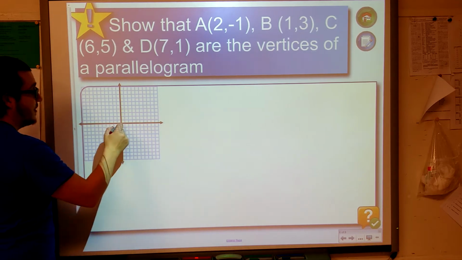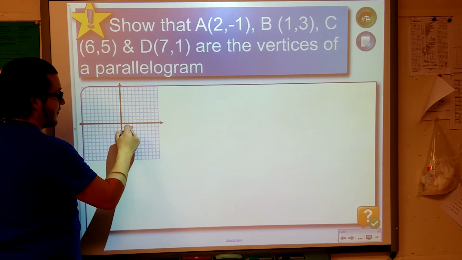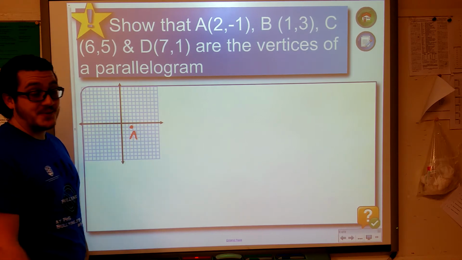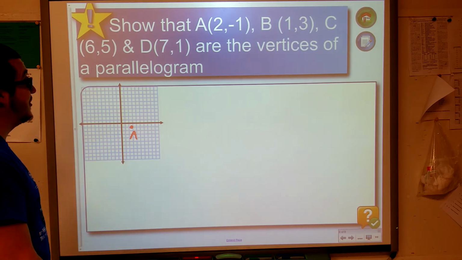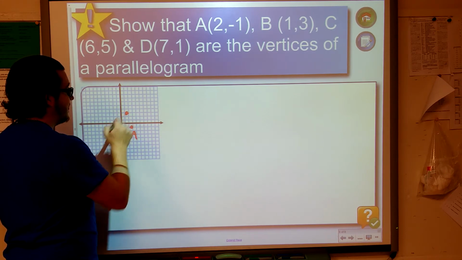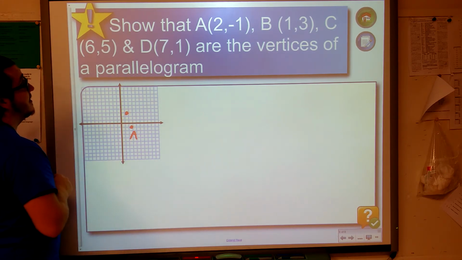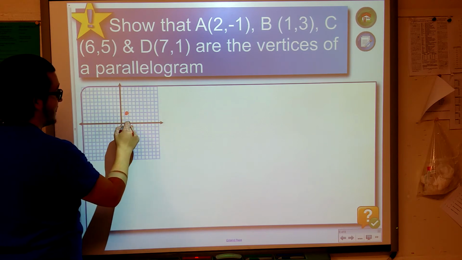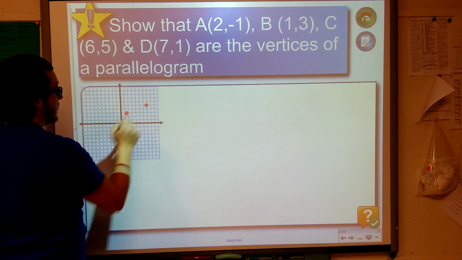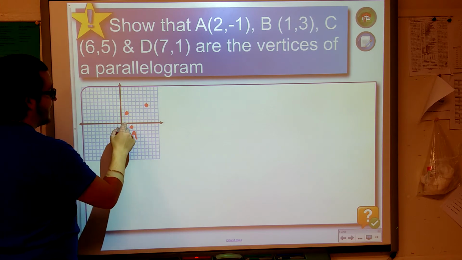So A is at (2, -1). Alright, B is at (1, 3). C is at (6, 5). And D is at (7, 1).